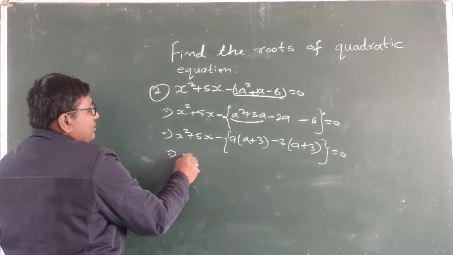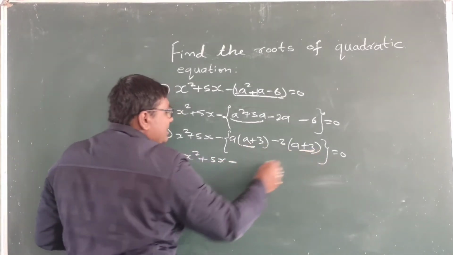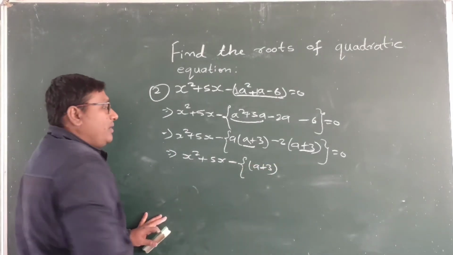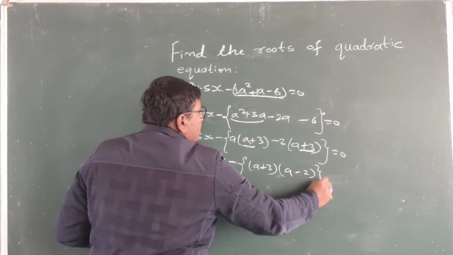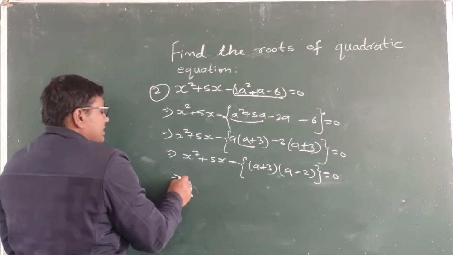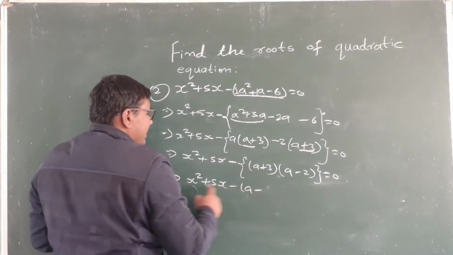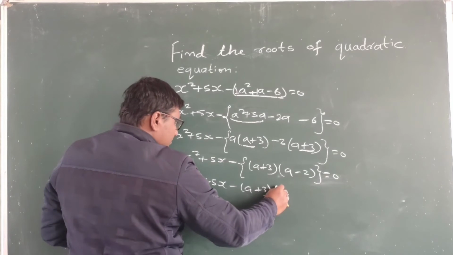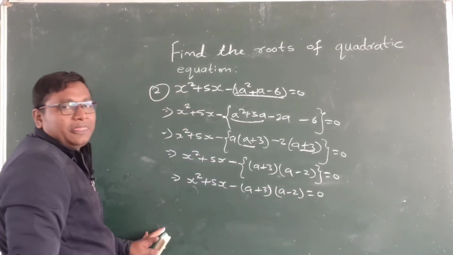A plus 3 is common here, so whenever a plus 3 is taken as common, what is left is a and minus 2. So this becomes x square plus 5x minus (a plus 3) into (a minus 2) is equal to 0.